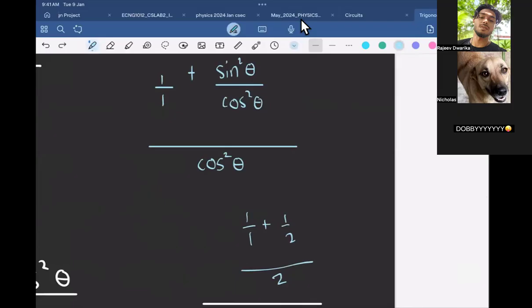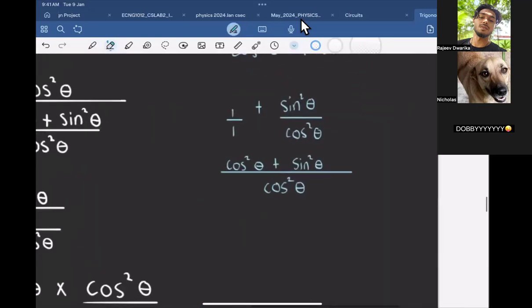So 1 into cos square theta is cos square theta. Cos square theta by 1 is cos square theta. What am I going to put here? Sine square theta.